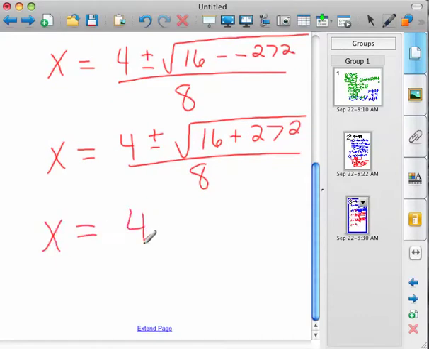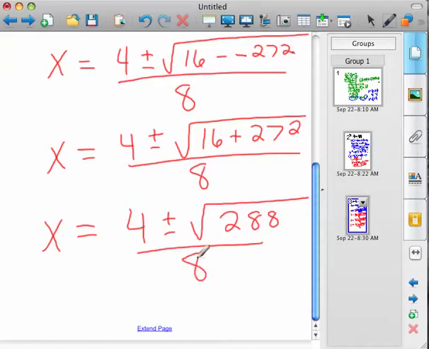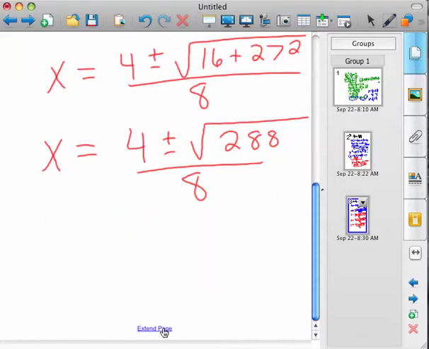So x equals 4 plus or minus the square root of 16 and 272, which would be 288, all over 8. And you could get your calculator out and come up with the approximation of the root of 288, but I want to get you used to simplifying it so we can have exact answers.